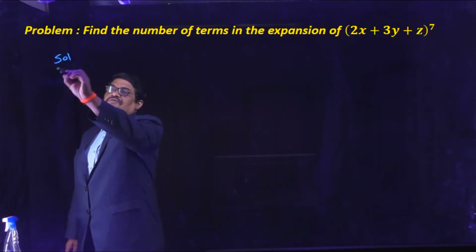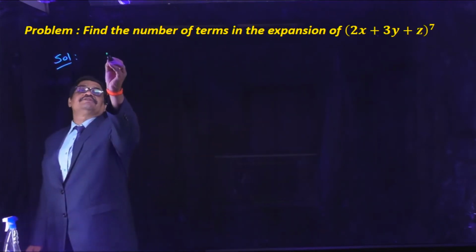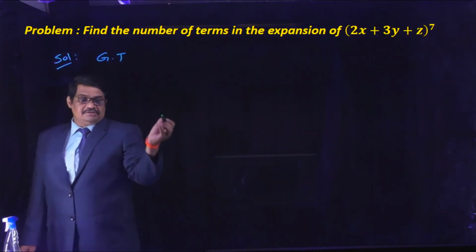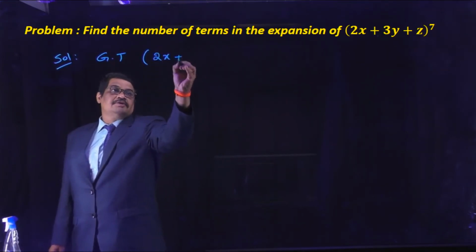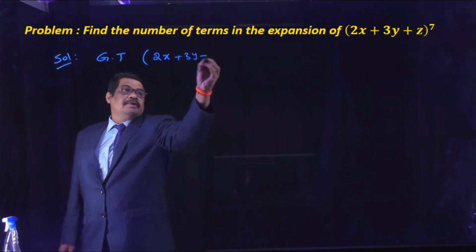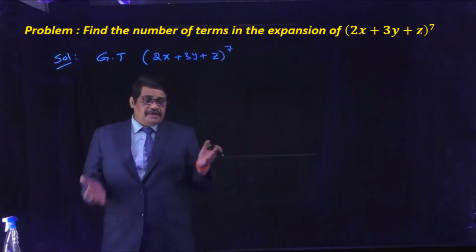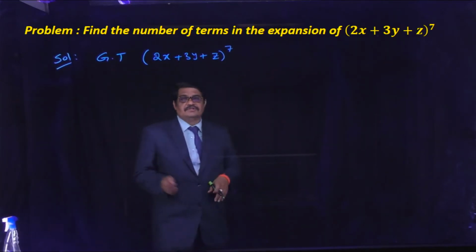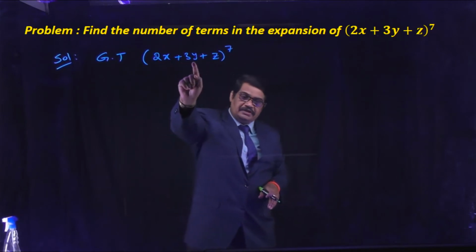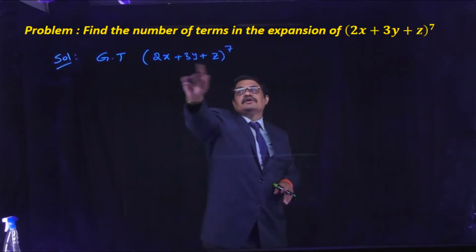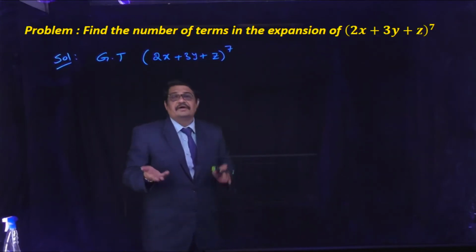The given expression is (2x + 3y + z)^7. Here the number of terms is 3: 2x is one term, 3y is another term, and z is another term. These are 3 terms. This is the trinomial expression.